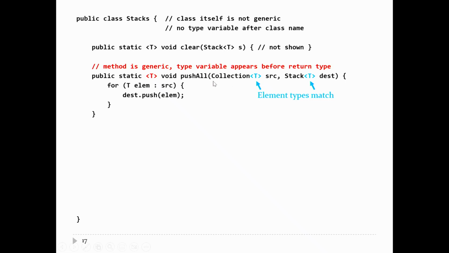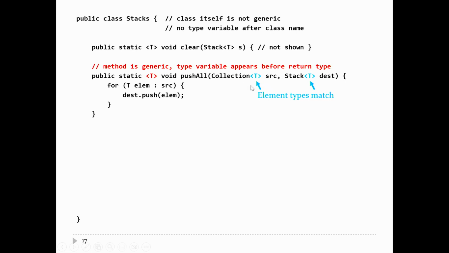So here we have pushAll. I would like to push all the elements from a source collection onto a destination stack. The element type in the collection must match the element type in the stack, so that T and that T are the same. Now our generic type T actually matters.